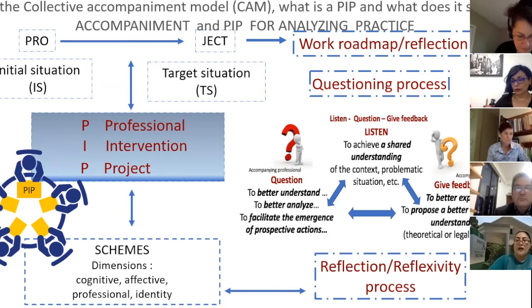Therefore, the PIP wants to allow the person to take a step back, and so we go through that questioning process by listening to the initial situation, trying to understand it, and giving feedback throughout, making sure that the person can make first a reflection on the practices and eventually reflexivity.